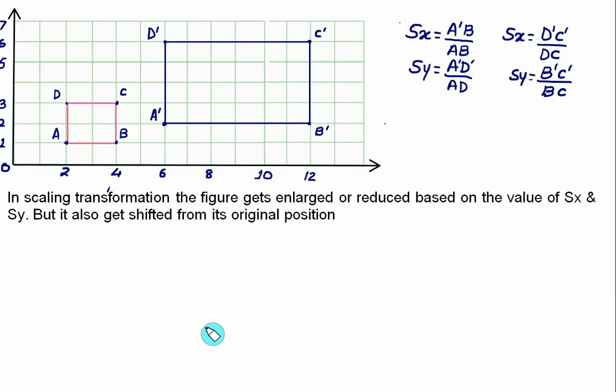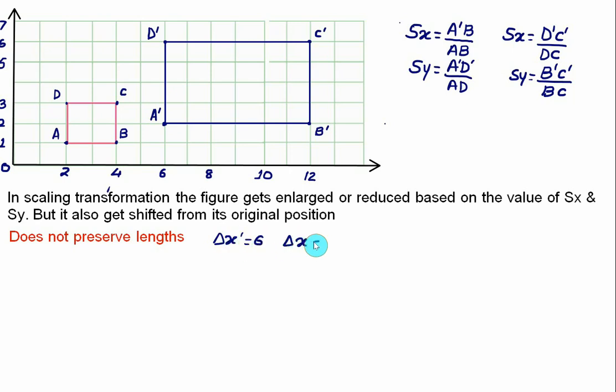Some of the observations that you can note down from the scaling transformation: the figure gets enlarged or reduced based on the values of Sx and Sy. At the same time, it gets shifted from the original position. It does not preserve the length either. Original value of delta x is equal to 2 and the final value of delta x prime is equal to 6.